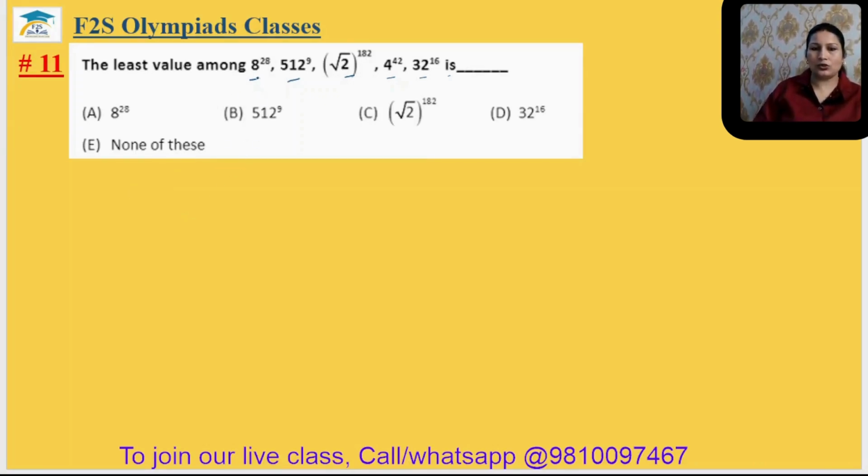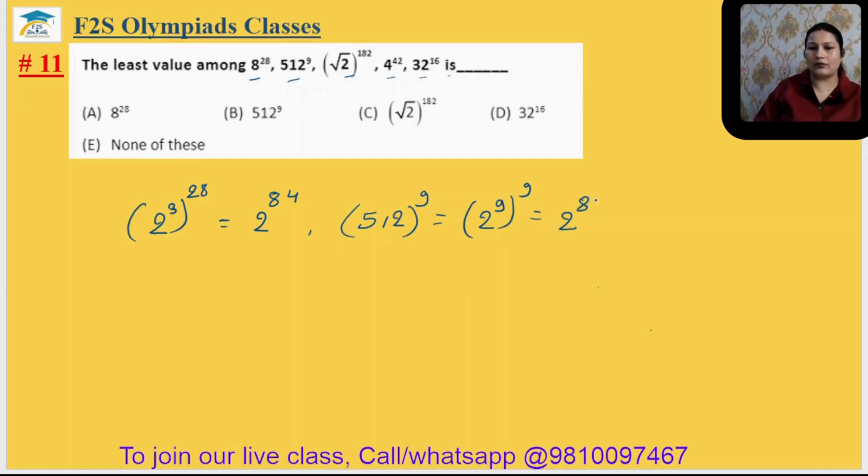So 8 can be written as 2 to the power 3, and 2 cubed the whole power 28 gives 2 to the power 84. Now 512 can be written as 2 to the power 9, so 2 to the power 9 to the power 9, that is 2 to the power 81.